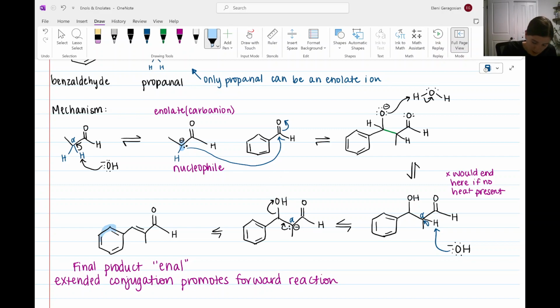Well, we know we have conjugation throughout a benzene ring, throughout the phenyl ring. Those pi bonds can resonate. If we look out of the ring, we have a single bond, double bond, single bond, double bond. So the pi electrons that are currently highlighted in blue are all conjugated with each other. They can resonate across those atoms there. So our mechanism is the same as the aldol condensation reaction. We are just using two different carbonyl containing compounds as the starting material.